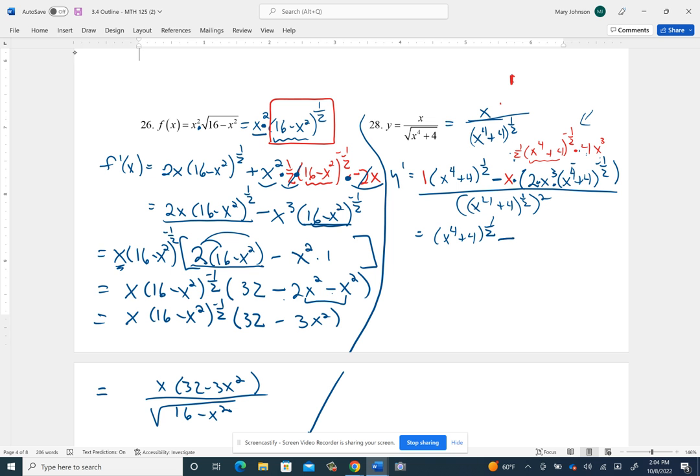So that would be minus 2x to the 4th, and then x to the 4th plus 4 to the negative 1/2 power. And then down here, I've got a power being raised to a power, so those exponents could be multiplied. And that would give me x to the 4 plus 4 just to the first power.